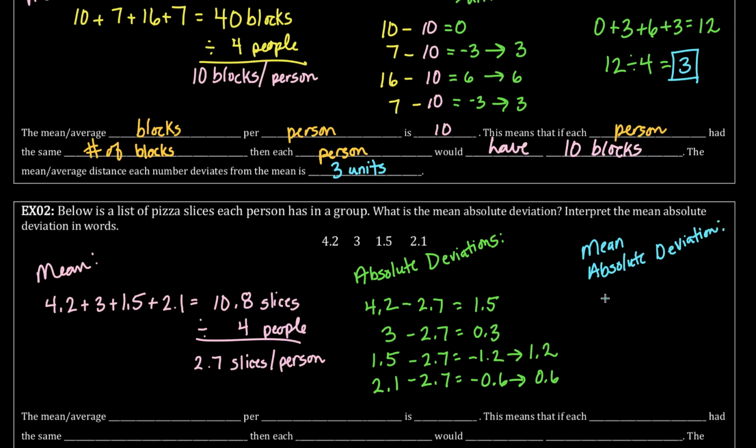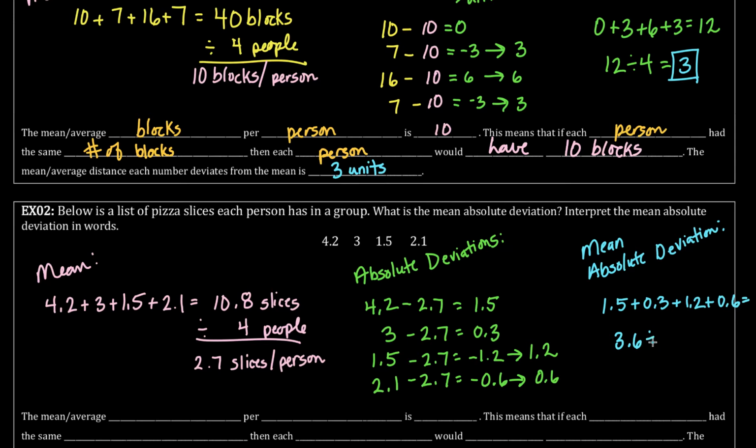So I'm going to take all these. 1.5 plus 0.3 plus 1.2 plus 0.6 equals 3.6.